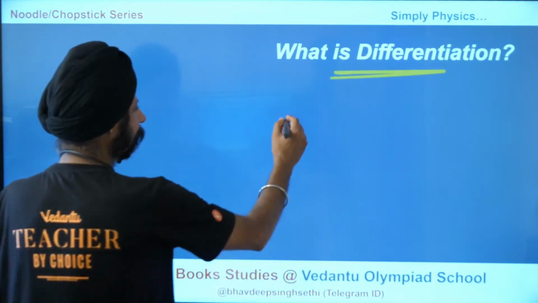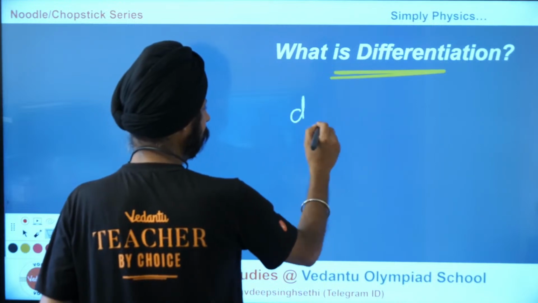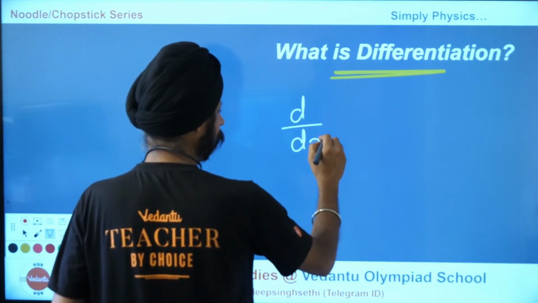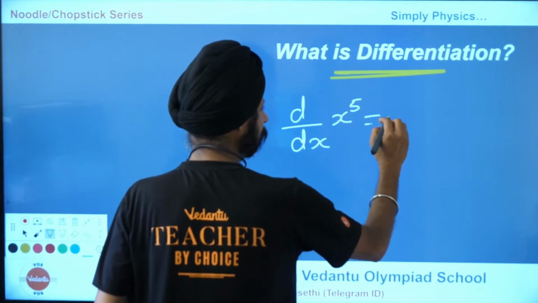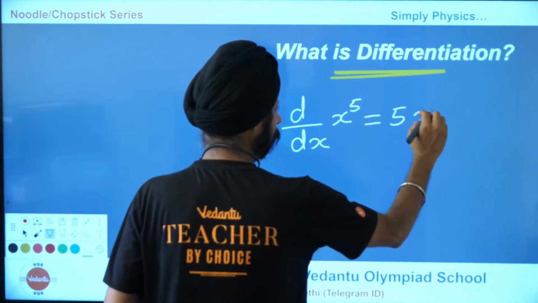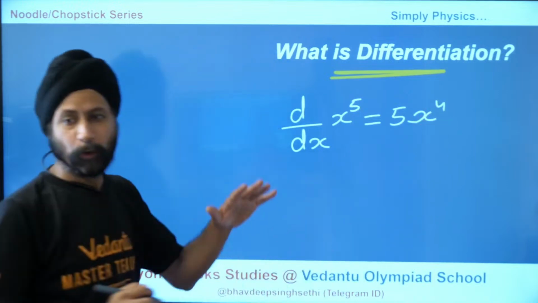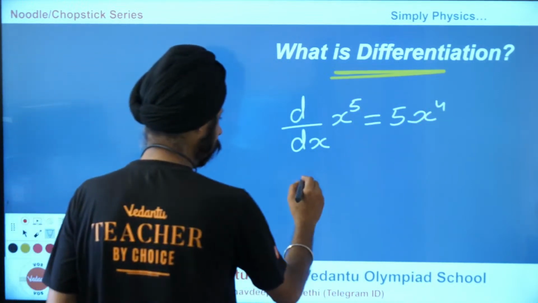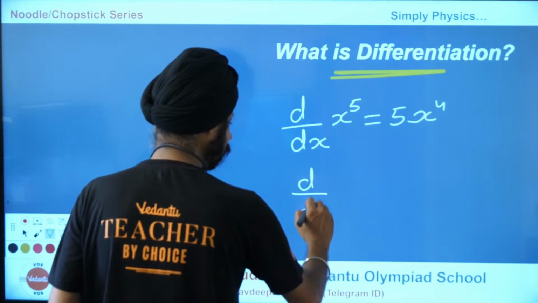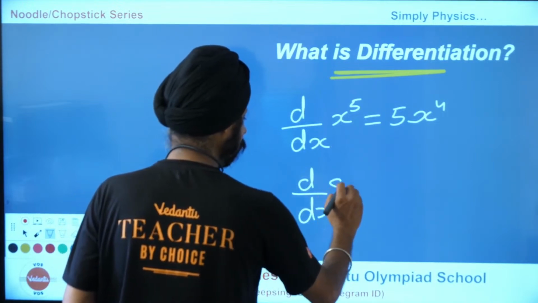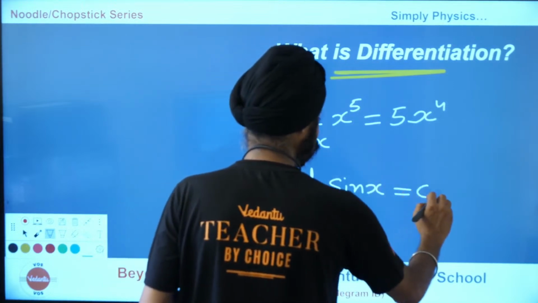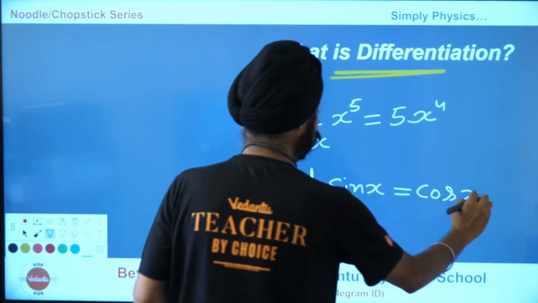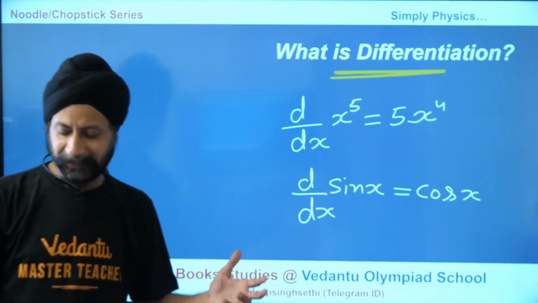So basically, if I'm saying what is d by dx of, let's say, x to the power 5, we would say, okay, that is 5 times x to the power 4, right? The slope of the graph is what we are talking about. Similarly, if I were to say what is d by dx of sine of x, we know it is cosine of x. So those are the things we already know. This is just a basic recap.